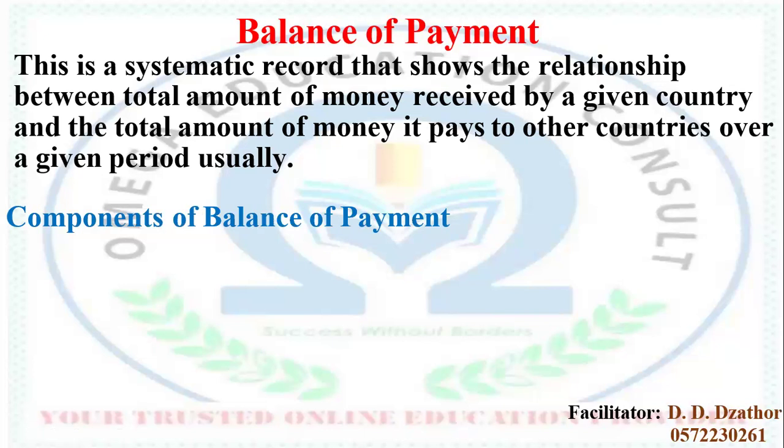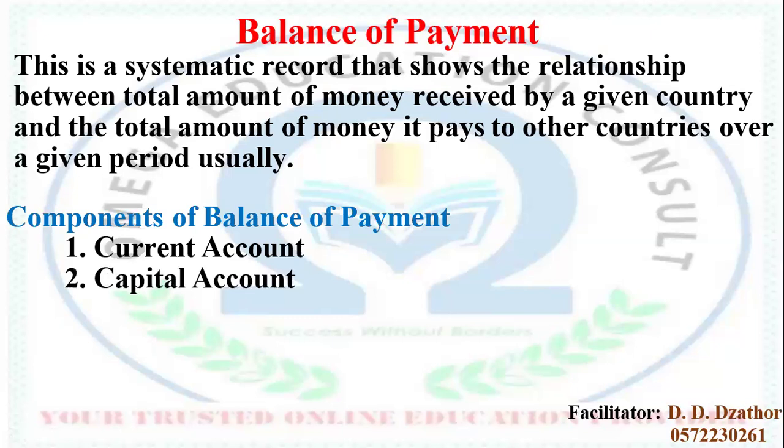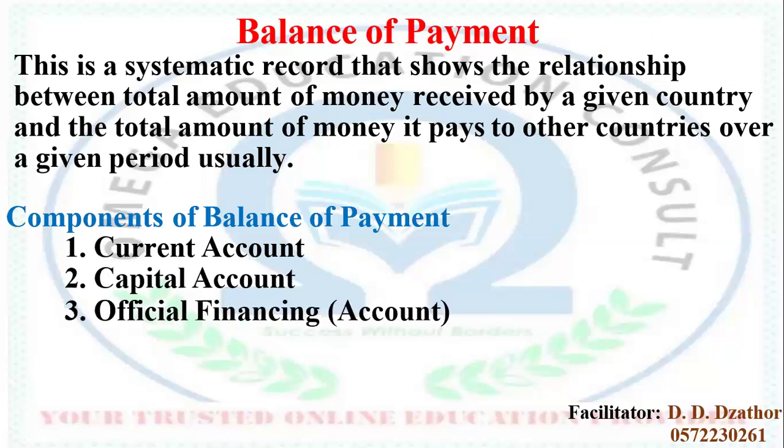Now, balance of payment has three main components, or there are three main items on balance of payment. So let's look at them one after the other. So we have the current account section, we have the capital accounts, and then we have the official financing accounts. So we're going to take them one after the other and then discuss each one of them in detail.